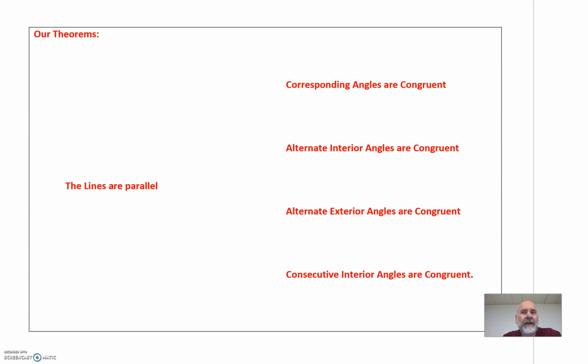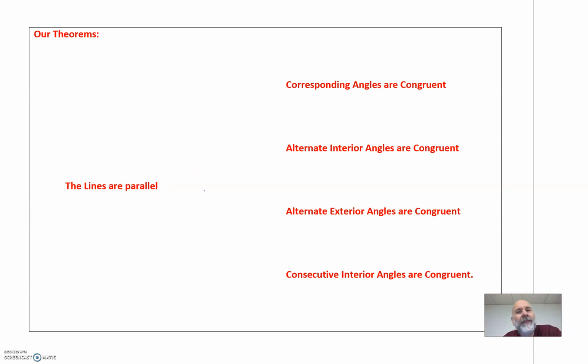So remember, the book does it one directional. The book says if the lines are parallel, then you have all these different relationships. Right? But we're going to do it a little differently. Erase, erase, erase, erase. I guess I should have done undo.